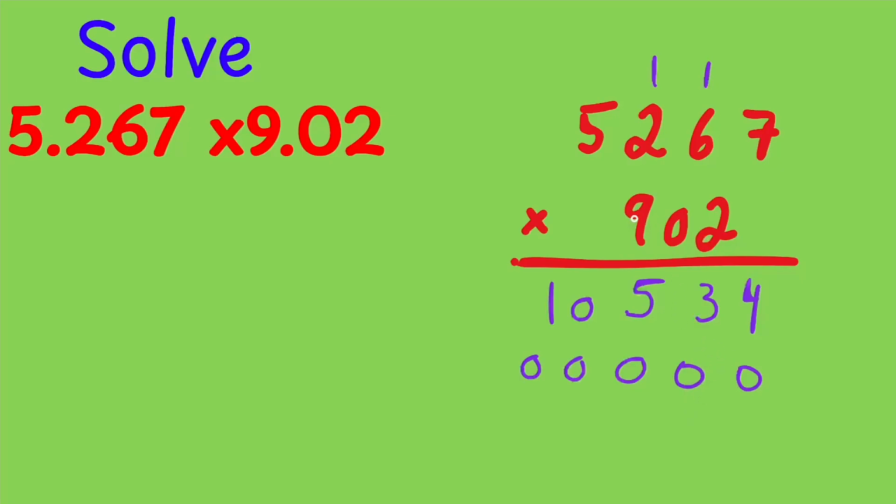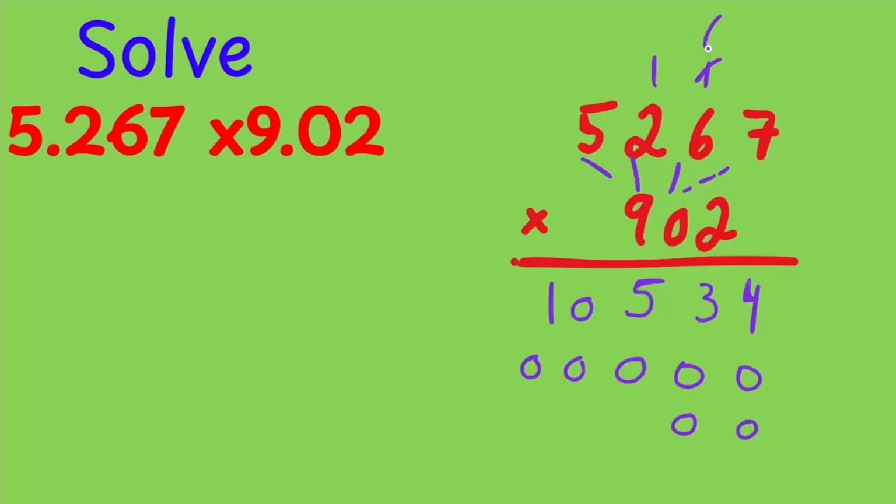Now let's go to 9, which is the third digit, that I will multiply. That means I have to annex 2 zeros in my product, not only 1 zero. Now we need to multiply 9 by 7, by 6, by 2, by 5. 9 times 7 equals 63.